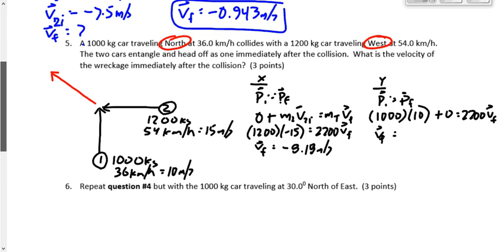What do we get? 10,000 divided by 2,200, 4 point something. 4.54. Thank you. And now let's just draw it out again here. 8.18, 4.54.